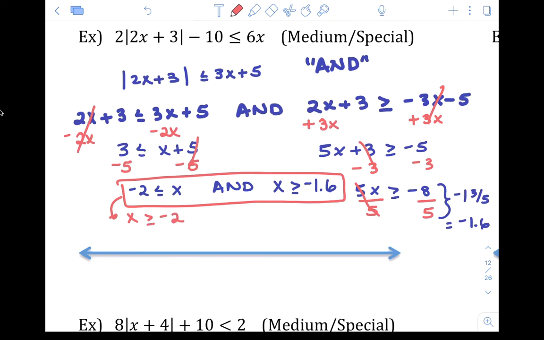I just flip the whole thing around. So I have x is everything greater than or equal to negative 2, and x is everything greater than or equal to negative 1.6.